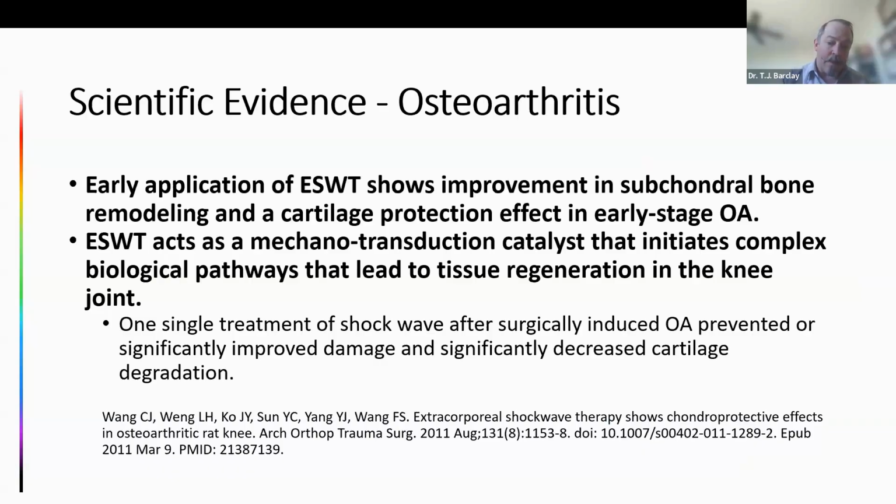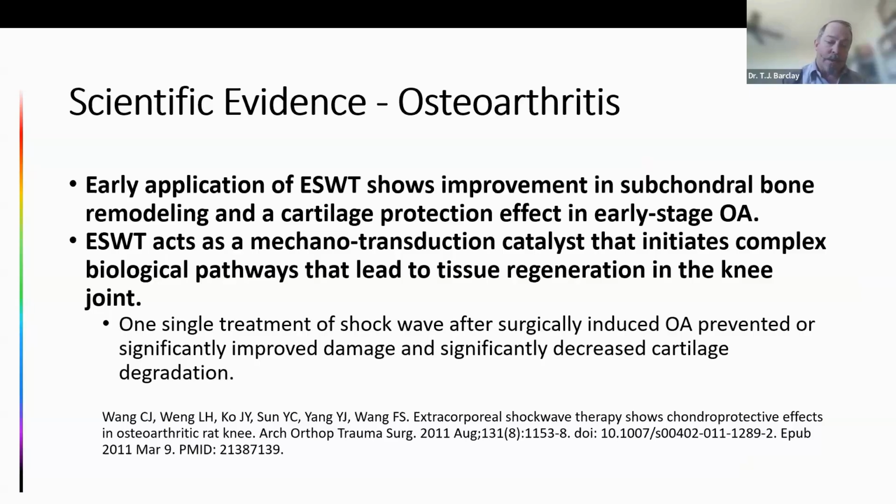They surgically incised the anterior cruciate ligament in these rats, and they had a control group that did not have surgery, a control group that had surgery and no treatment, and then a treatment group that received shockwave therapy.